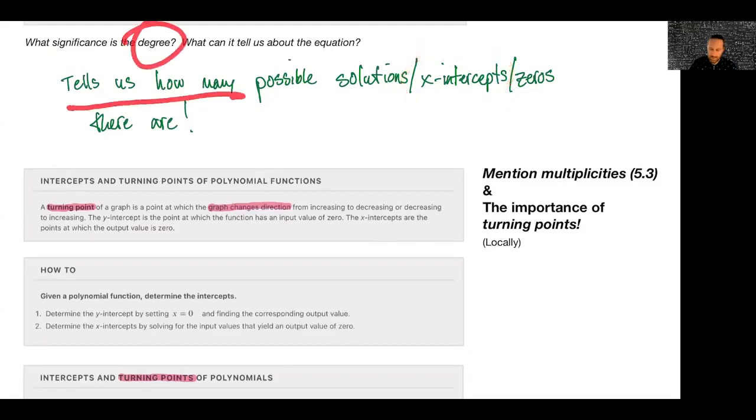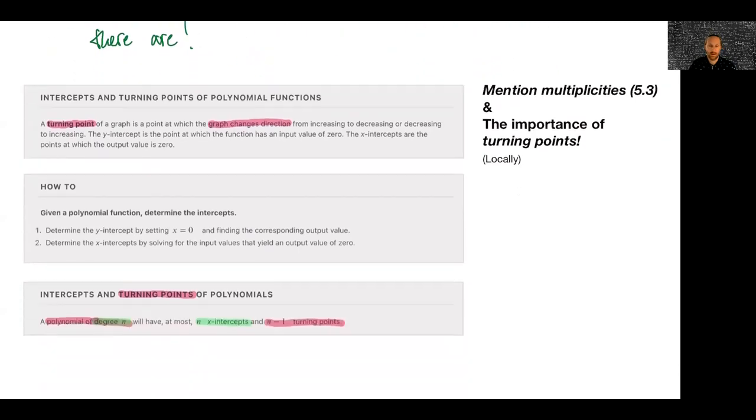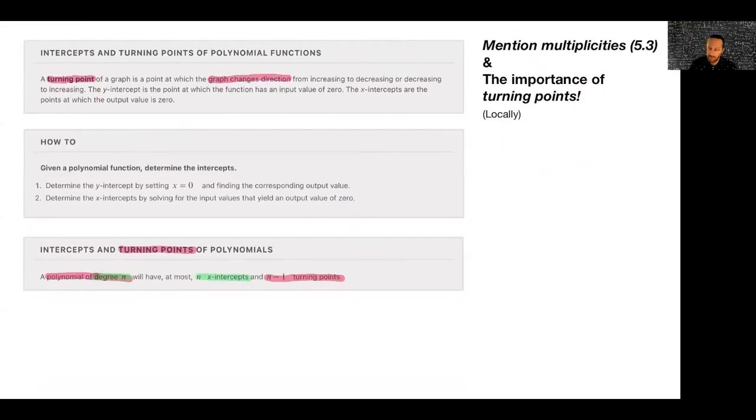That's what the degree tells us, how many possible x-intercepts or zeros there are. Right? Now, I also want to mention, like I did up there a minute ago, this thing called multiplicities.